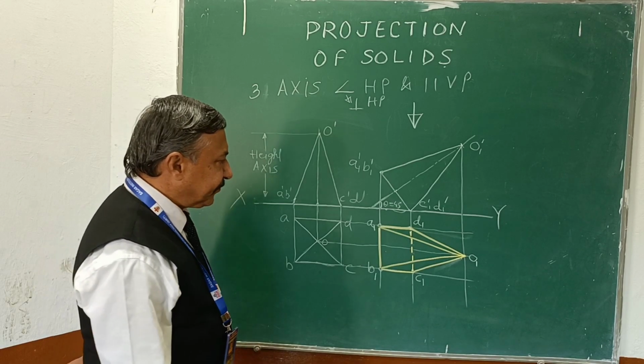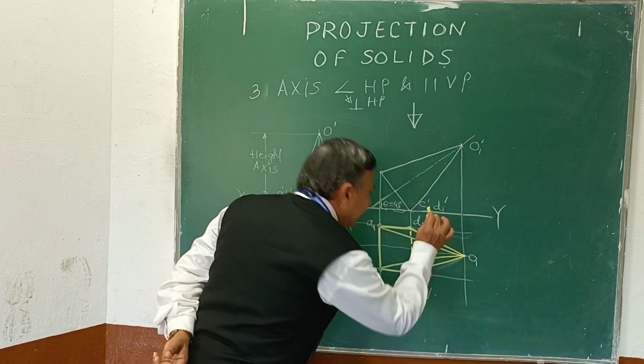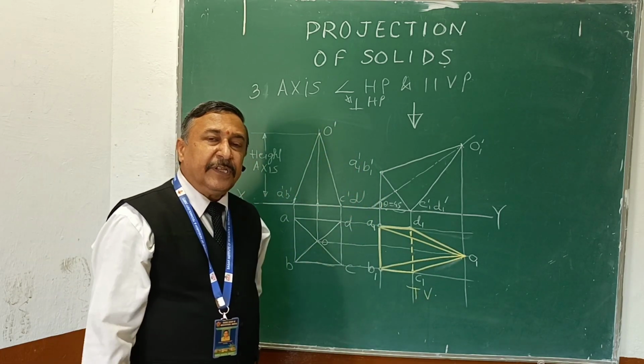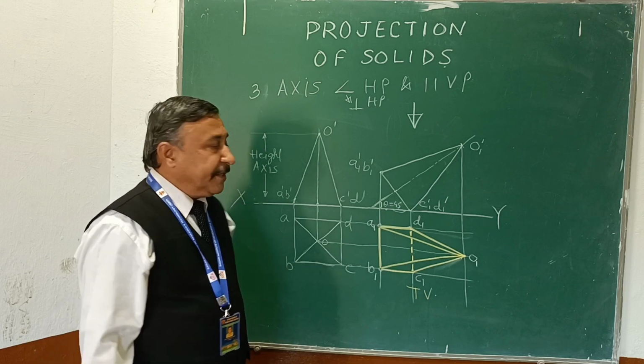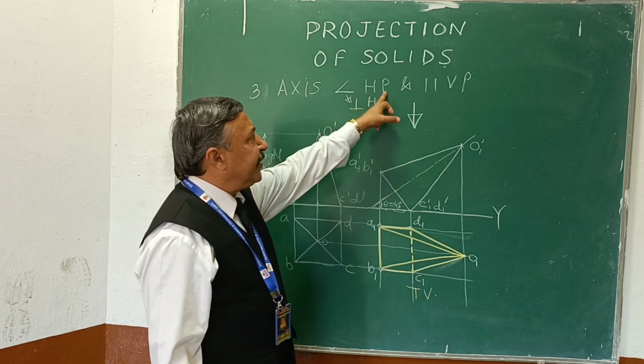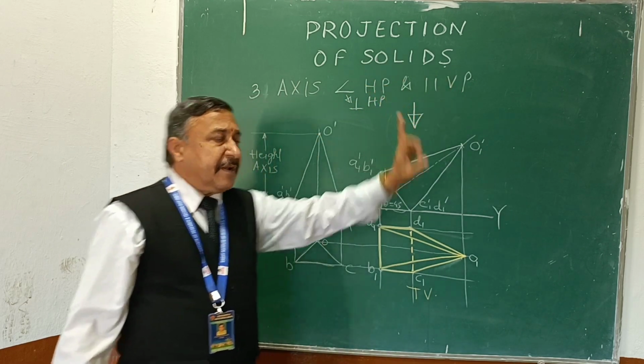Okay. So we can write here top view. So this is our top view. Now this is complete projection when axis inclined to HP and parallel to VP. Okay.